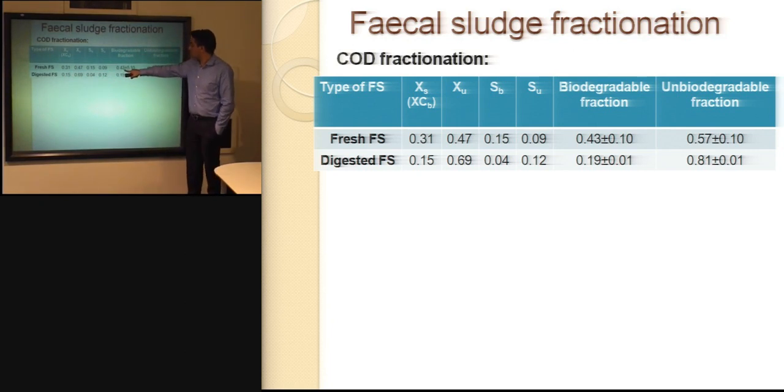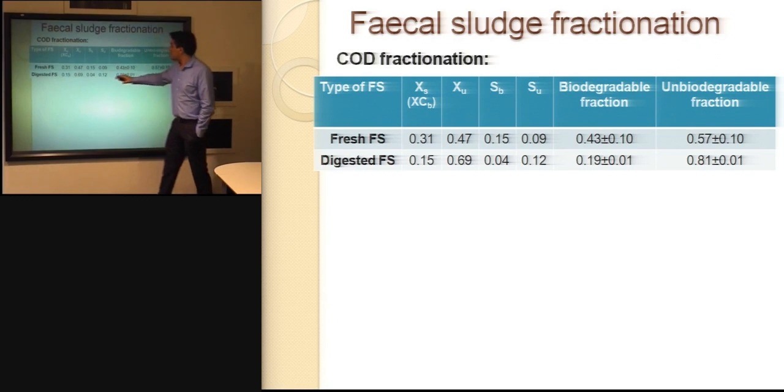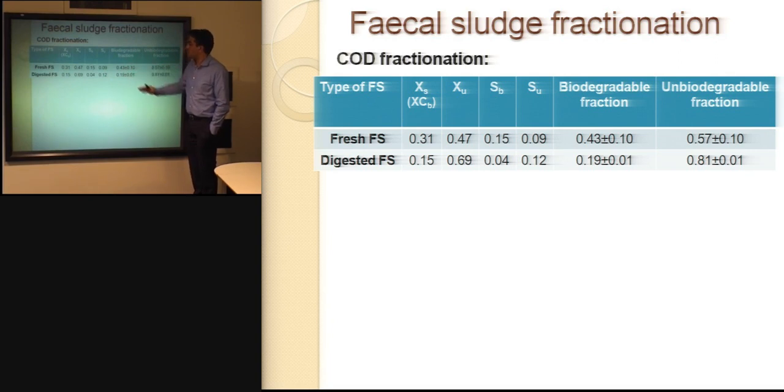That is a bit more than 40%, or 0.43 parts, of all the COD present in the fecal sludge that is really biodegradable, and almost 20%, or 0.19, of all the organics present in digested fecal sludge. This already provides us some information about what can really be biodegraded in treatment systems of those sludges.